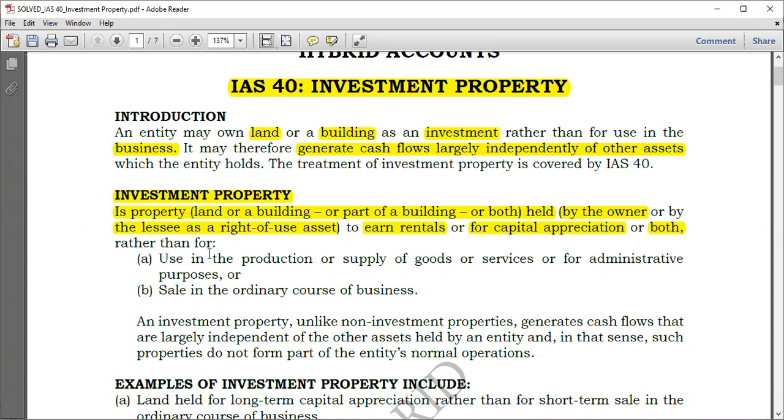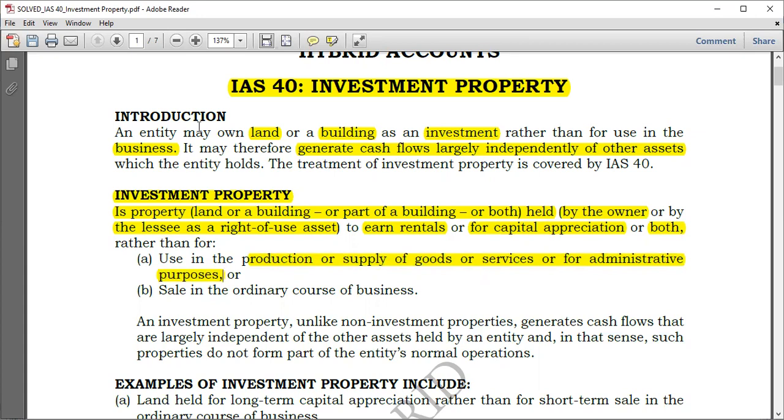Now this rather than for part specifically explains property that is classified under IAS 16 PPE. So it is rather than for use in production, supply of goods or services, or for administrative purpose. If you find out that something is under this use, this property should be classified under IAS 16, property, plant, and equipment.